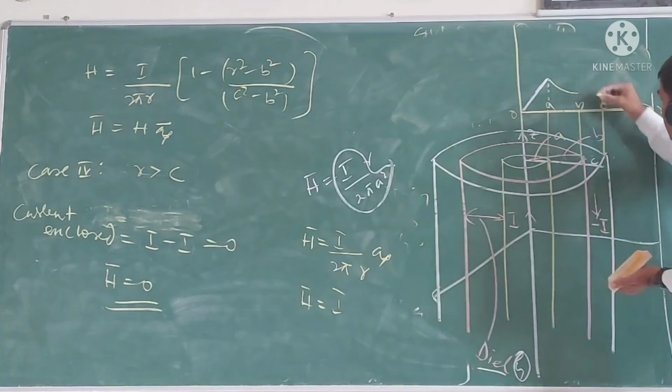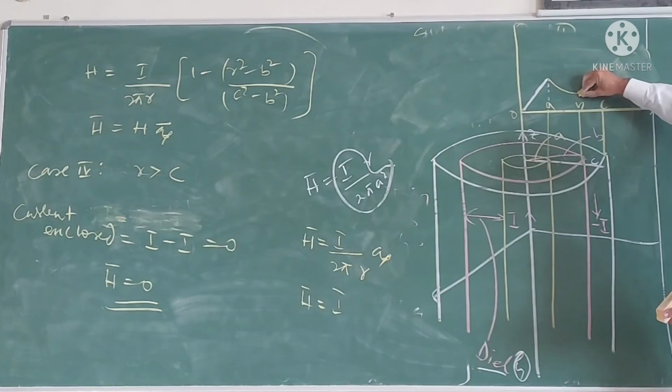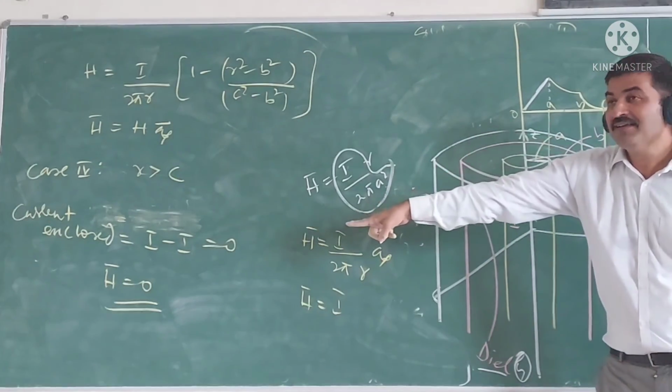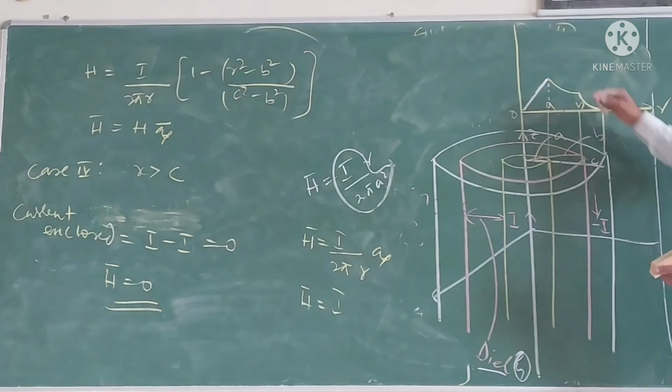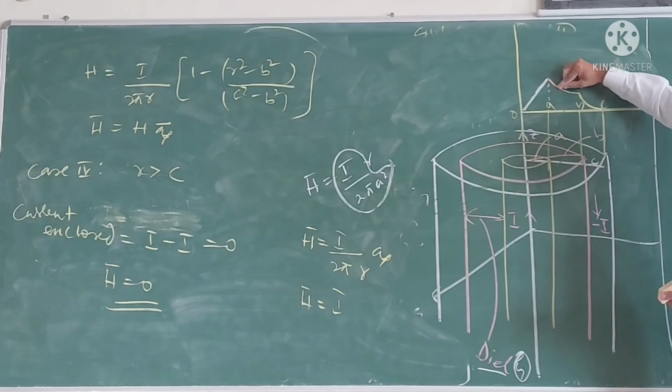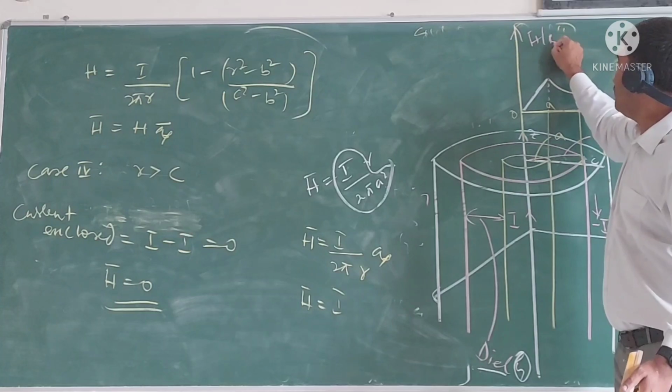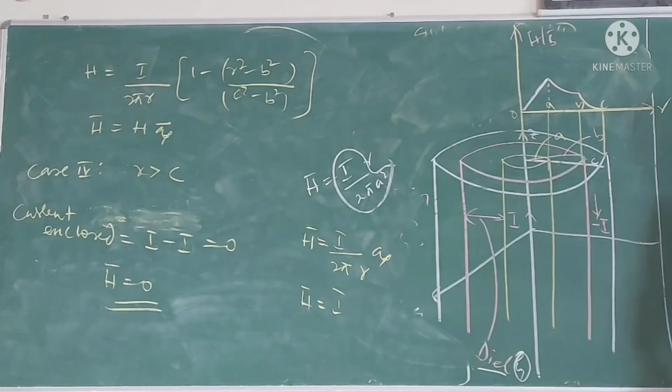Then at C, for R greater than C, it is zero. See, just see this, whatever figure I have drawn. Fine. This is your H bar with respect to R. Is it clear? Yes or no?